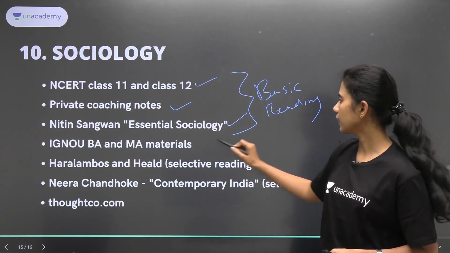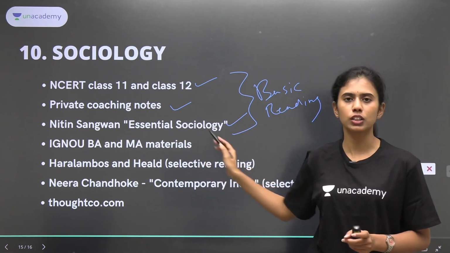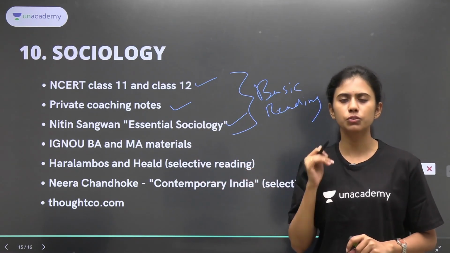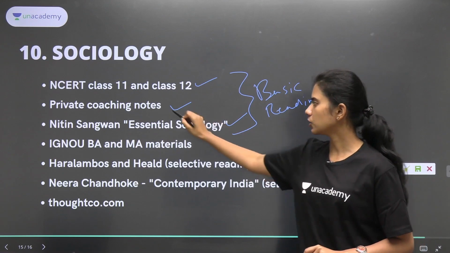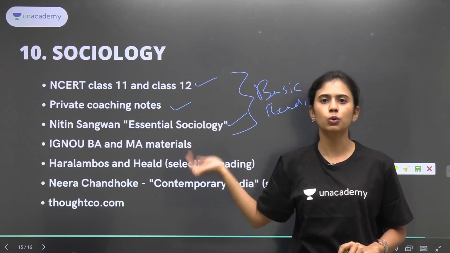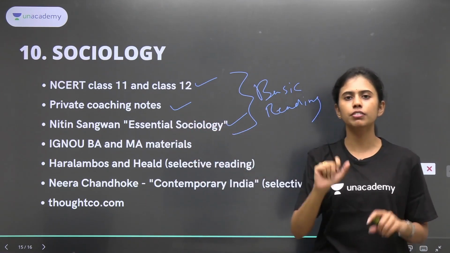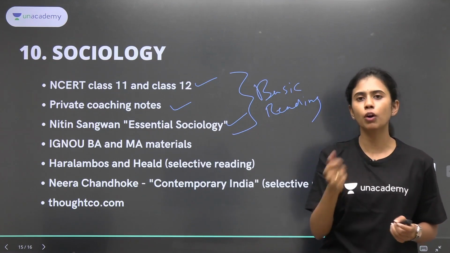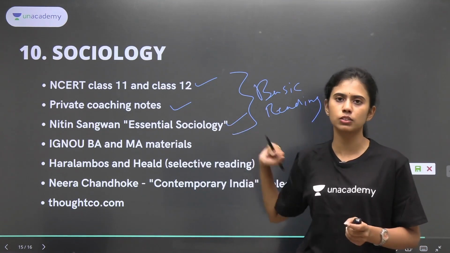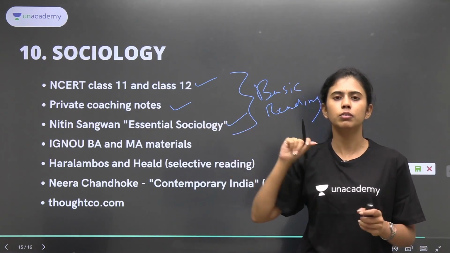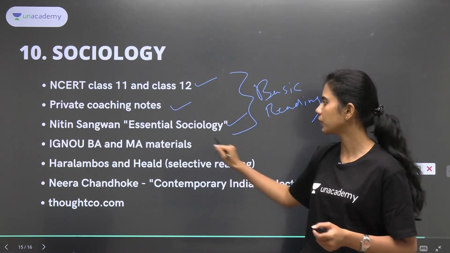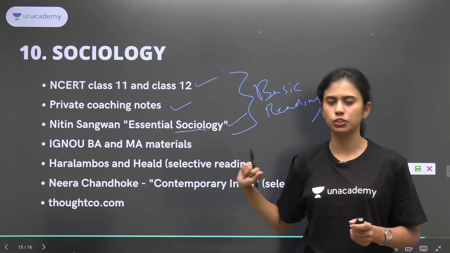And then there is this book called Essential Sociology by Nitin Sangwan sir, which is very important. What happens in private coaching notes is that you have a lot of holes in the syllabus. A lot of topics are not usually covered in the class notes. So whatever was not covered in the class, I would cover it from Essential Sociology.